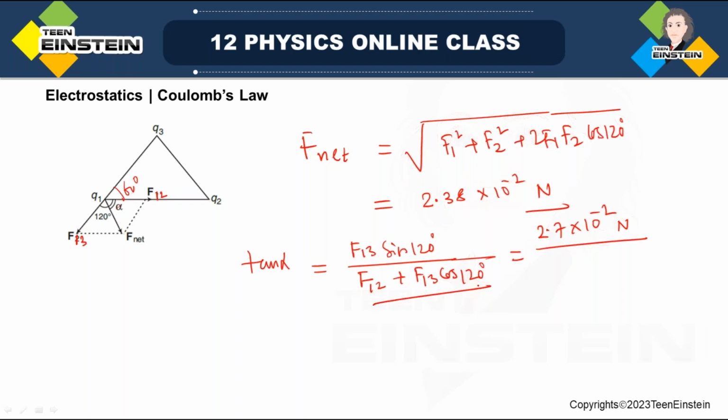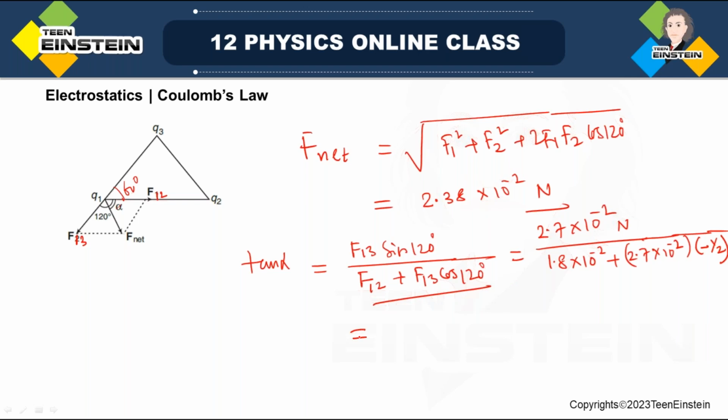So if we just put the values, see this F12 is 1.8 into 10 to the power minus 2 plus F13 is 2 into 10 to the power minus 2 Newton into cos of 120, which is minus half.